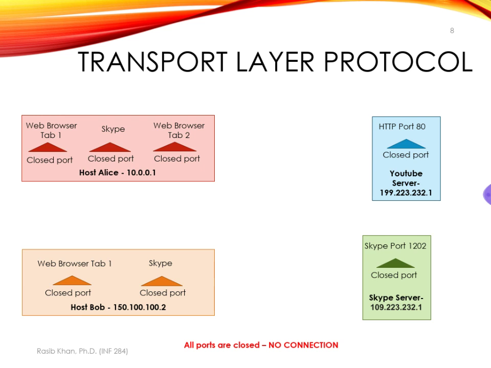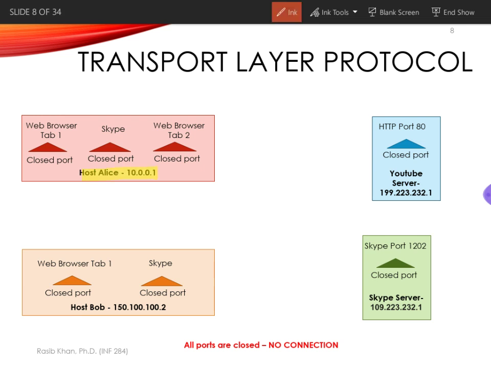And then you have 2 hosts which are servers. In this example, the YouTube server and the Skype server. And they are also a part of the internet in some other part of the world. And as you can see, their IP addresses are completely different, which signifies that they belong to different networks, right? So the initial state is that all of these devices are a part of the network.